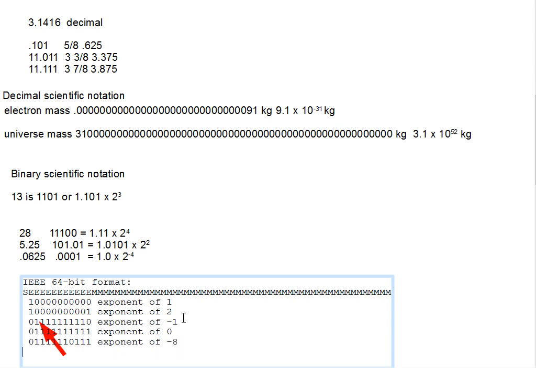And the 42, 1023 plus 42 is 1065. And that turns out to be 1 like that.